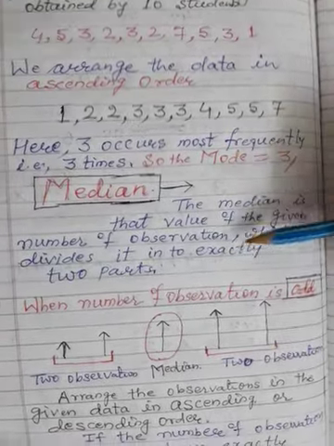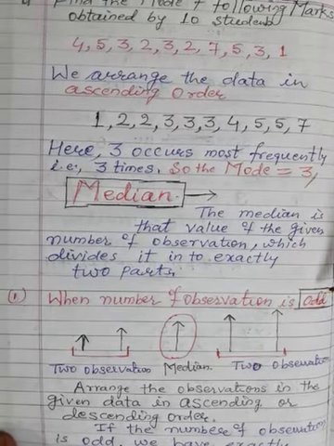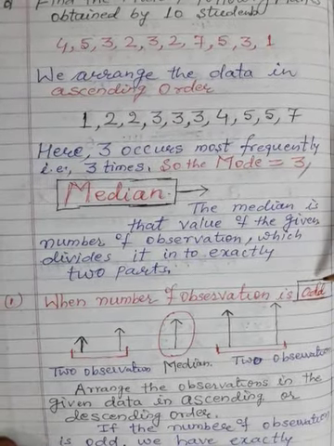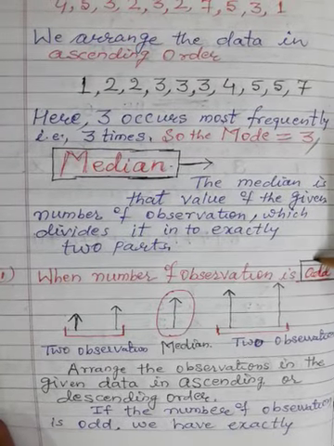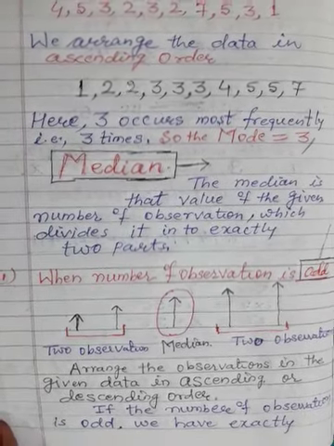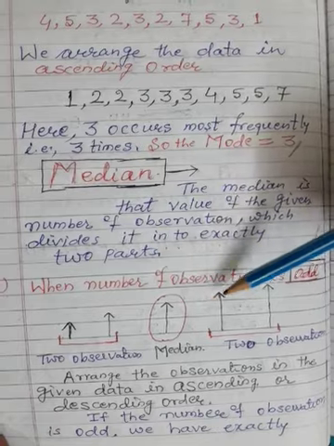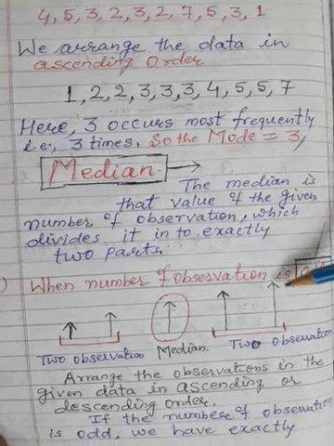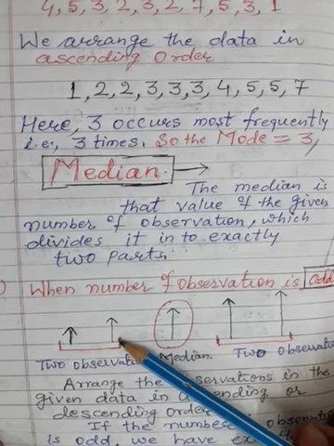Now there are 2 conditions: when the number of observations is odd, and when the number of observations is even. First we will understand when the observation is odd. Suppose 5 observations are there: 1, 2, 3, 4, 5. The size of the arrow indicates ascending order, a very small arrow, then increasing size.